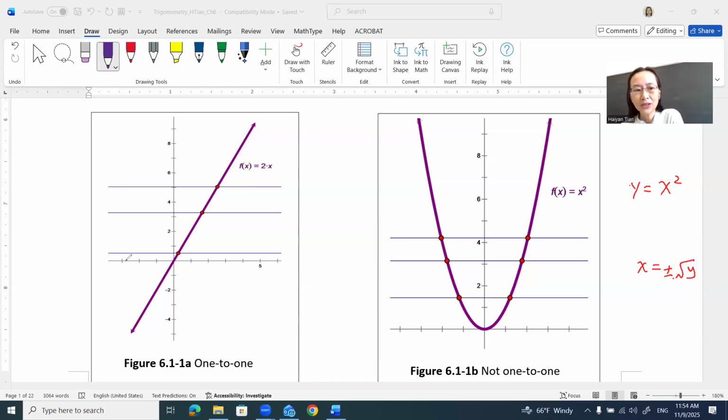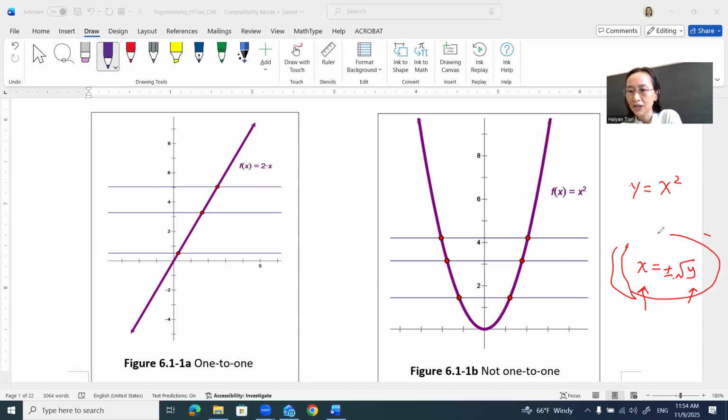That means you cannot find an inverse that is still a function, because in order for this to be a function, each input should correspond to a unique output x. If x has two possible values, then that cannot be a function.